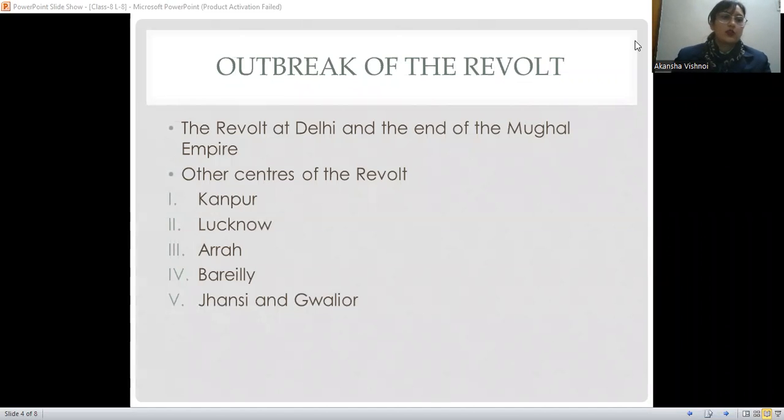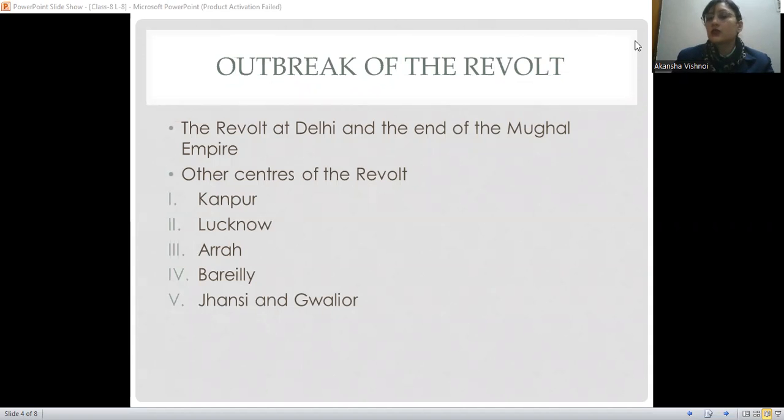Outbreak of the revolt. On 29th March 1857, Mangal Pandey, a sepoy stationed at Barrackpore, called upon his fellow sepoys to revolt against the use of the new cartridge. He was arrested and on 8th April he was hanged. A month after his execution, some sepoys in Meerut refused to use the new rifle.